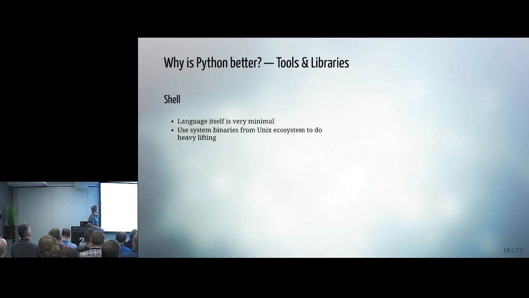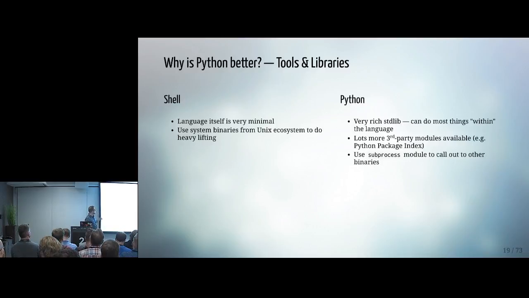So, more shell versus Python comparison. Tools and libraries. As I said, the shell script language itself is very minimal. You use system binaries from Unix or from elsewhere in your system to do the heavy lifting. Python is very different here. Python has a very, very rich standard library.